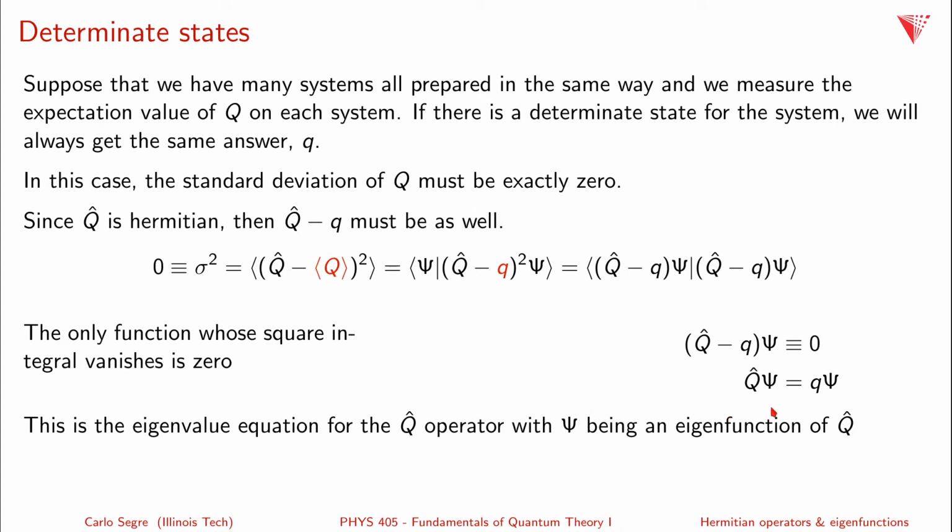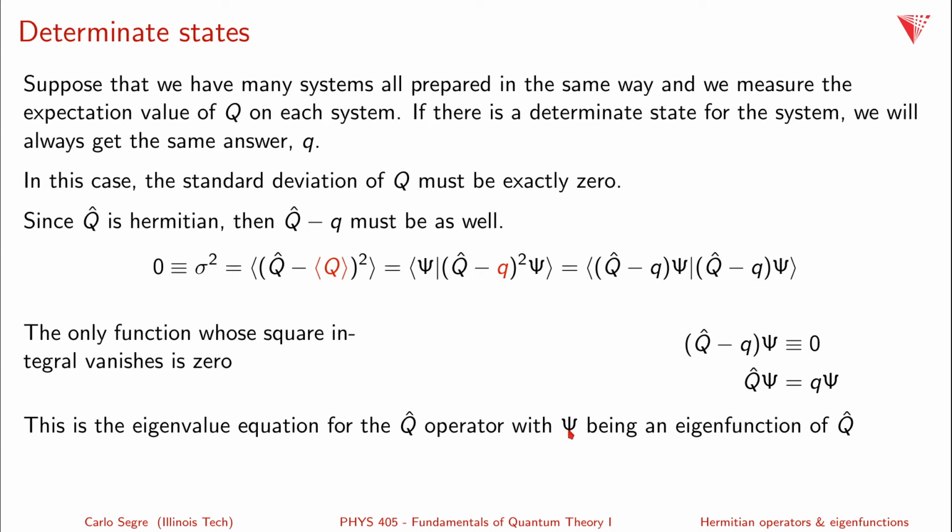This is called an eigenvalue equation. It's an eigenvalue equation for a determinate state. So the operator q applied to a wave function psi gives you an eigenvalue q, the only value you get out of that, times psi.